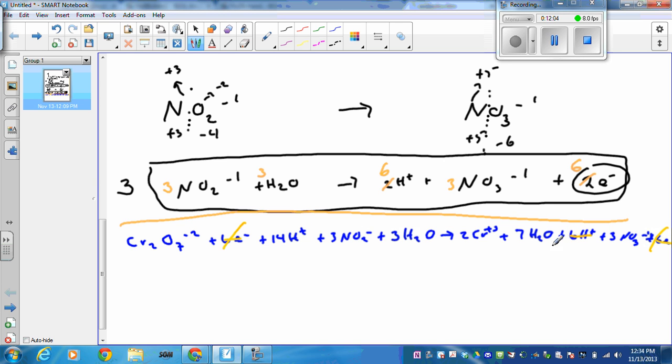So the balance is that on this side I have 8 H pluses. On this side I have 3 waters, on this side I have 7 waters. So the balance is that I have 4 waters. Let's see if I can cancel anything else. Everything else is different.